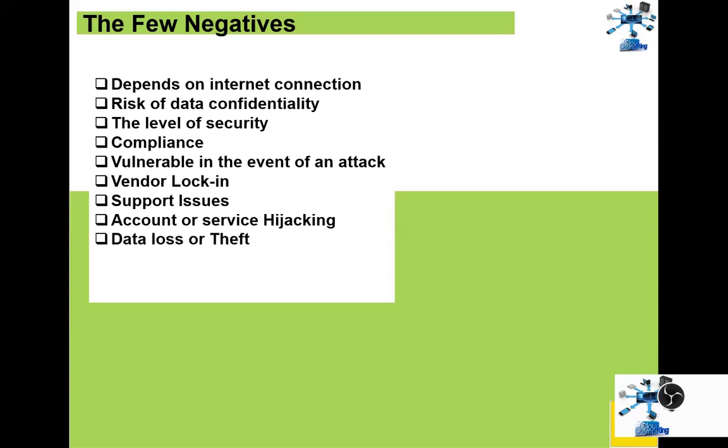Data loss and theft: we just talked about DLP, but this is the other way around. Whatever protection is done by the cloud vendor, data loss and theft can still happen. And data leakage is another thing. Leak means not the total data, but a certain percentage. It can be stolen.